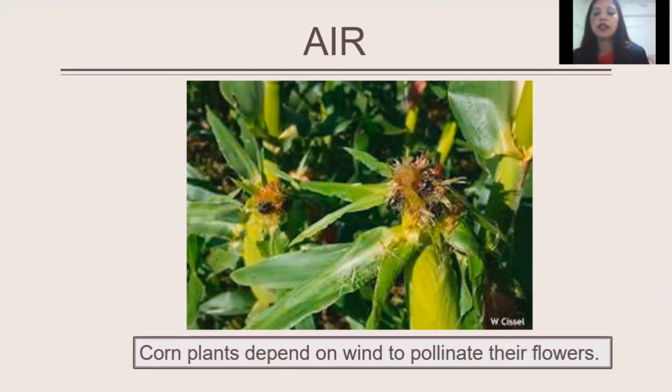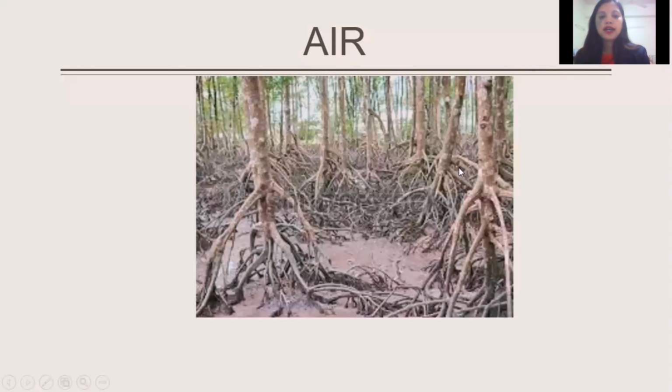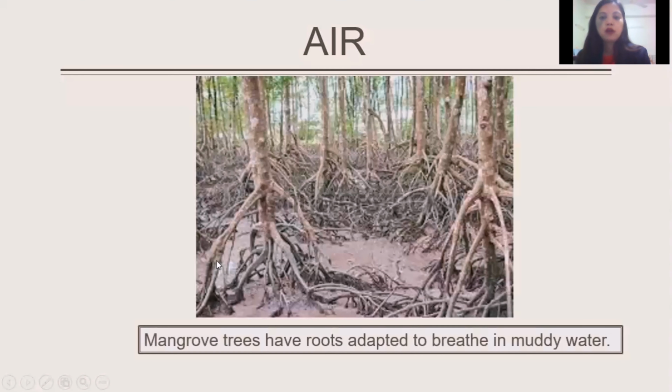This pollination is how they reproduce a new plant. Okay? Another one we have here, the mangrove trees. The mangrove trees have roots adapted to breathe in muddy water. So this is the roots of the mangrove trees. It helps the mangrove tree to breathe in the muddy water.